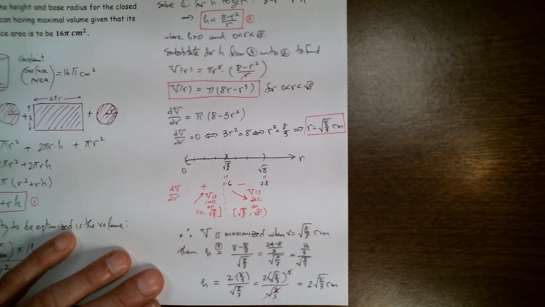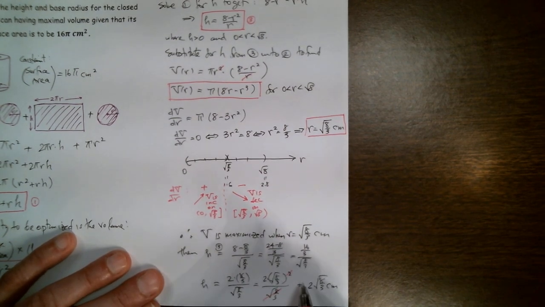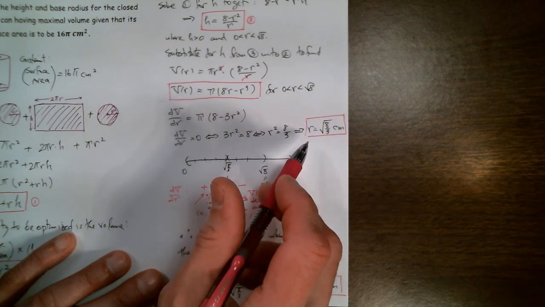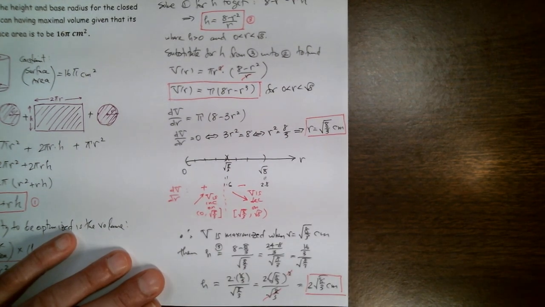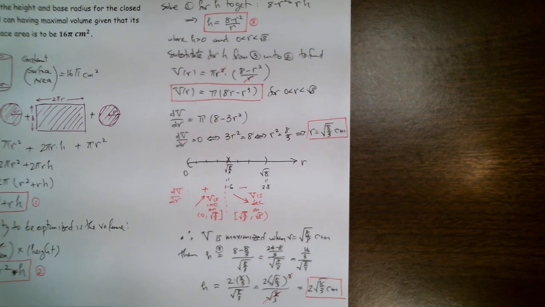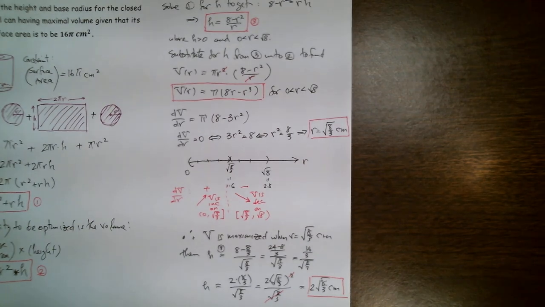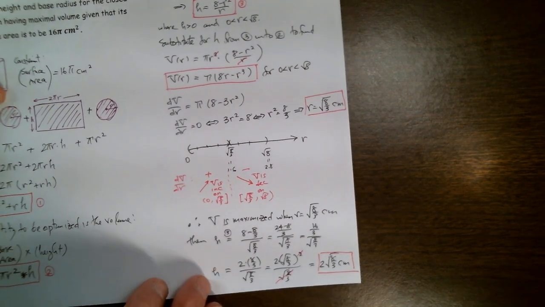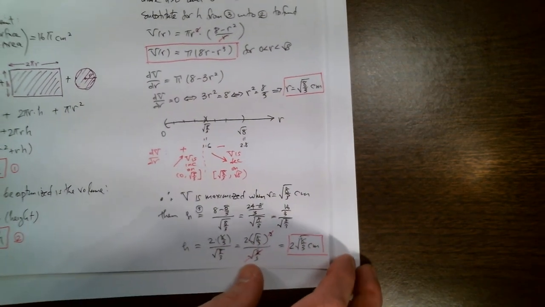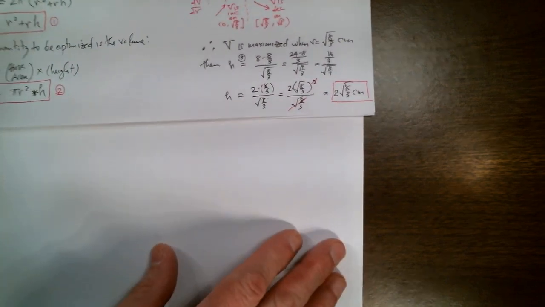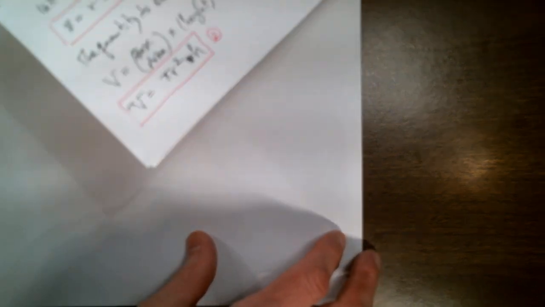Okay, so what's significant here is that the height of our can is exactly twice the radius of the base in case we have optimal volume. So that is in fact a significant point. Okay, so now let's write down that detail and complete our analysis here.